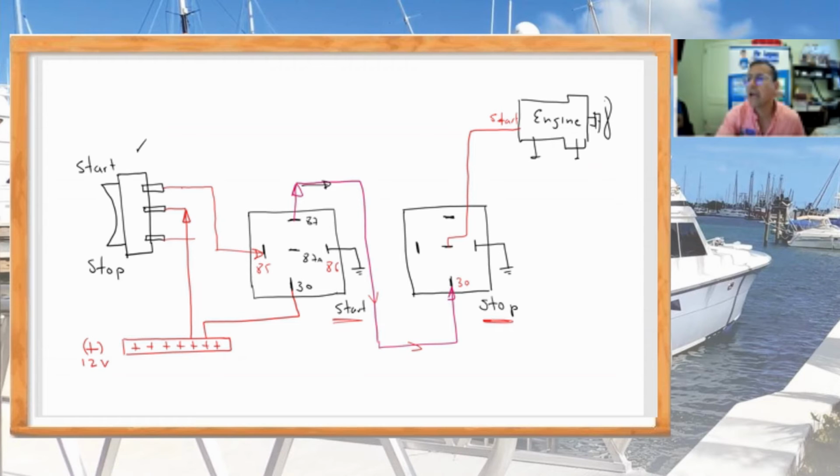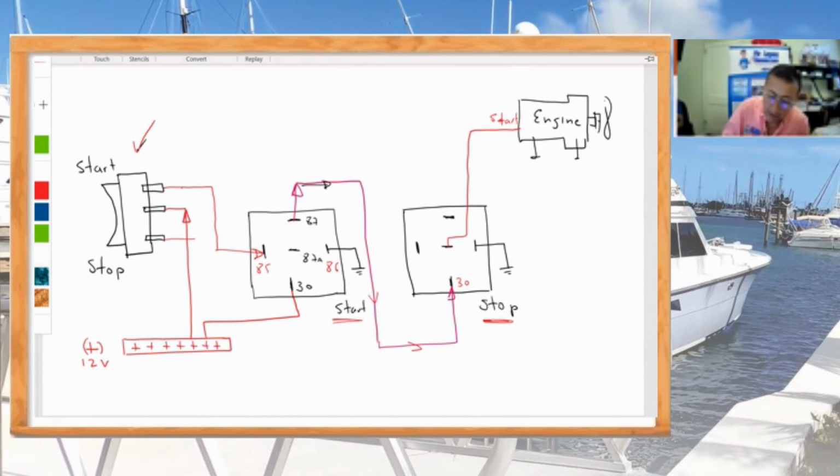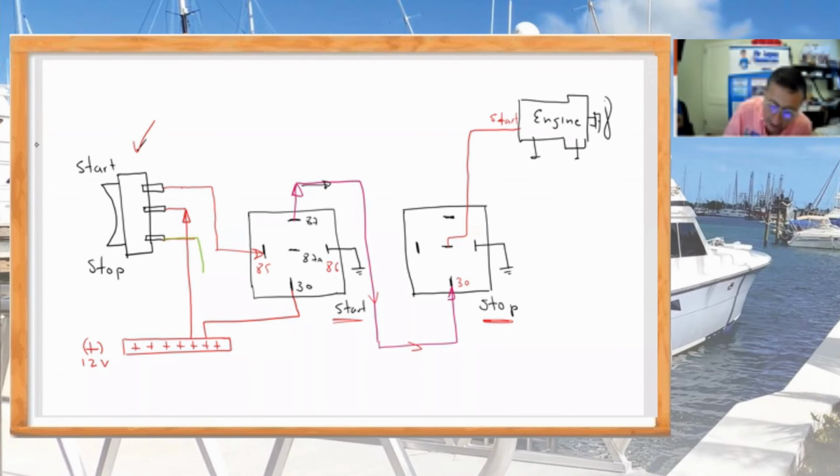Okay, and now I want to stop the engine. What is the process? What happens when I press the start-stop button in the position stop? I am going to send current. I'm going to use another color. I am going to send current here, in that point.